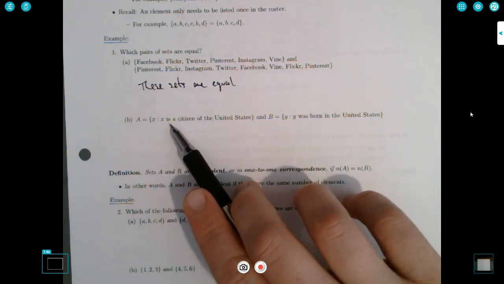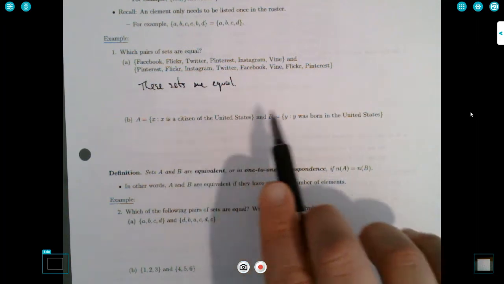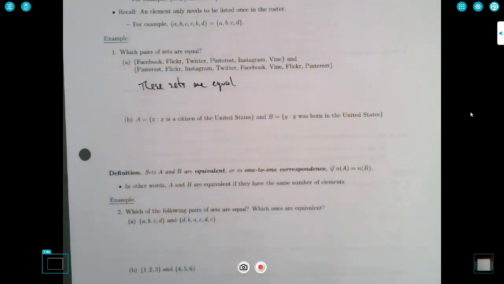So there are going to be a lot of people in A that are not in B. And vice versa, you could be born in the United States, but then give up your citizenship because you're living somewhere else that doesn't allow dual citizenship or something. So no, these are not the same sets.